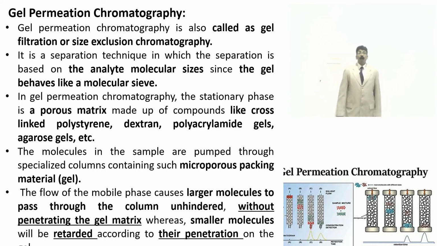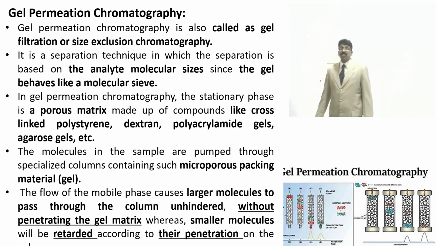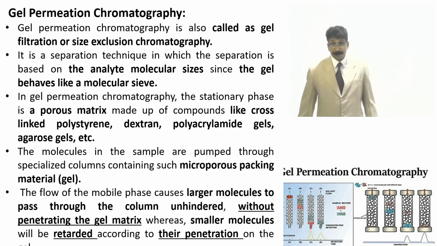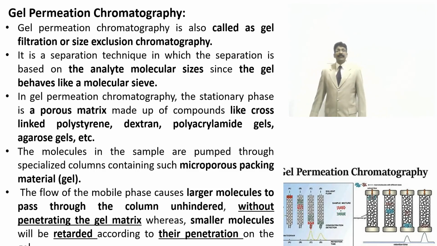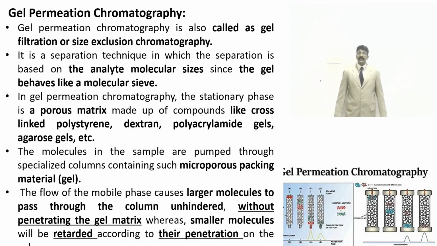The flow of the mobile phase causes large molecules to pass through the column unhindered without penetrating into the gel matrix, whereas small molecules will be retarded.